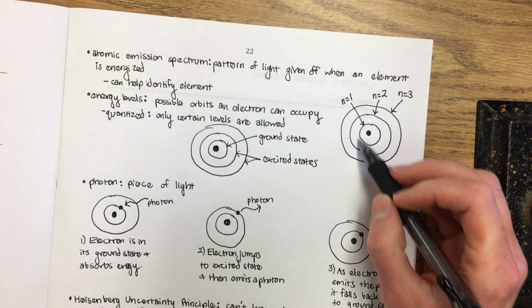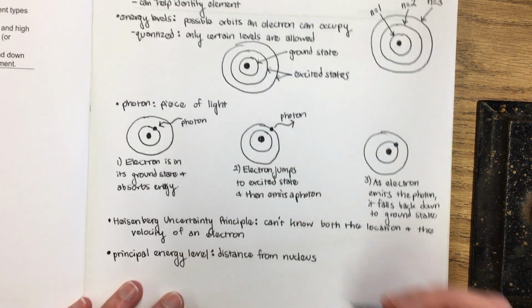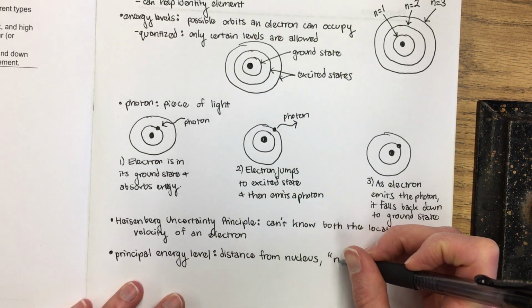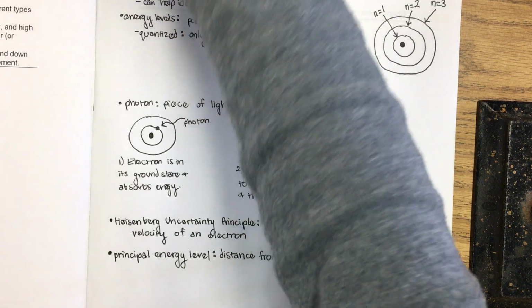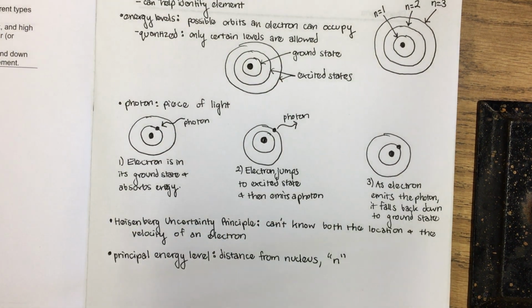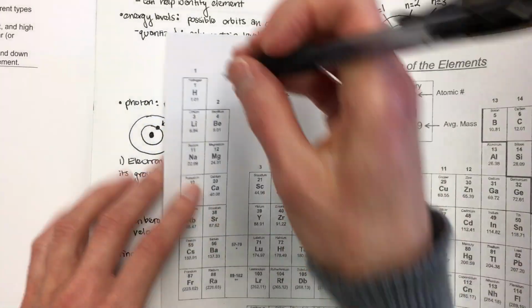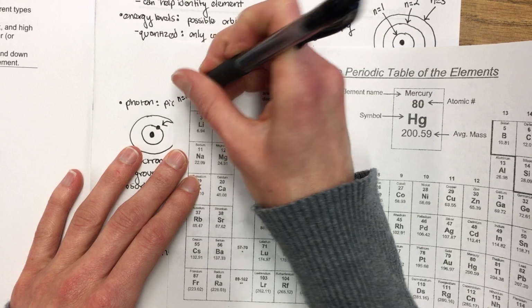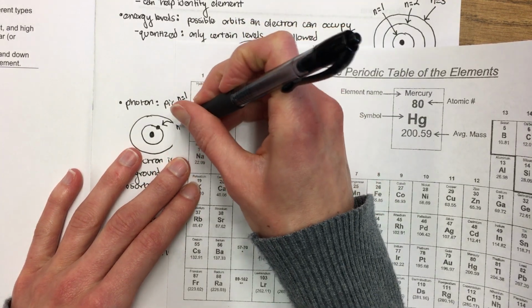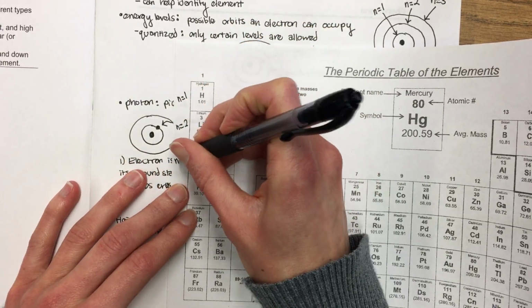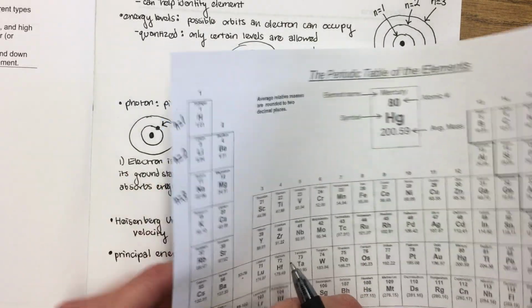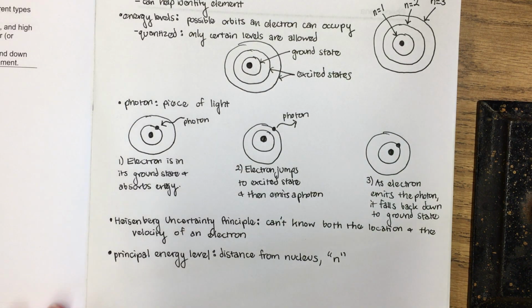So anything n equals 1 is about here, n equals 2, n equals 3. So it's represented by n. Now the principal energy level is also represented by the periodic table. So the first row on the periodic table is n equals 1. This row is n equals 2, n equals 3, etc. Okay, we'll talk more about that later.